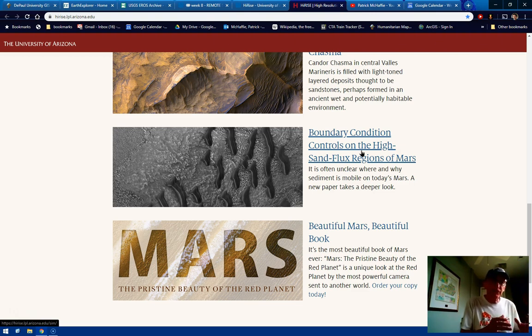And so the version of ArcGIS that you guys have on your computers has all the projections. Not all projections for all of the spheroidal objects in the solar system, but it has a lot of different projections and coordinate systems and spheroids and so on for georeferencing data on these planets.